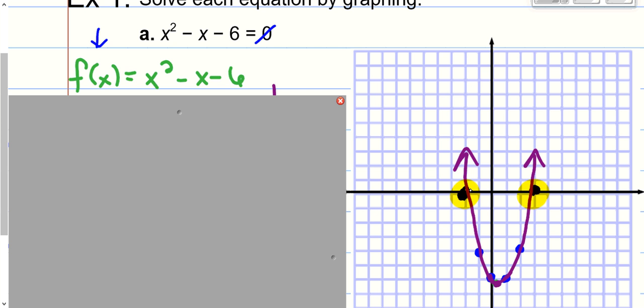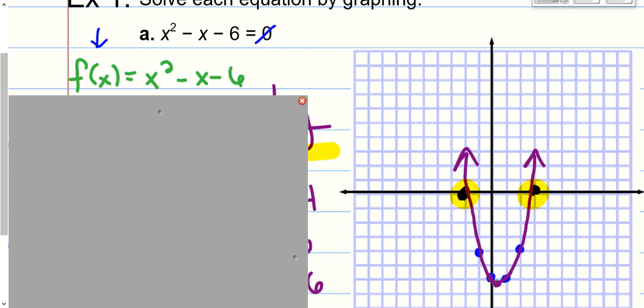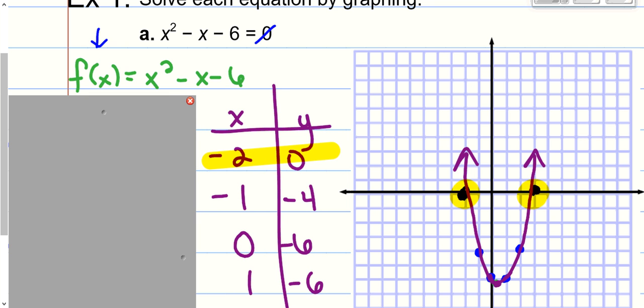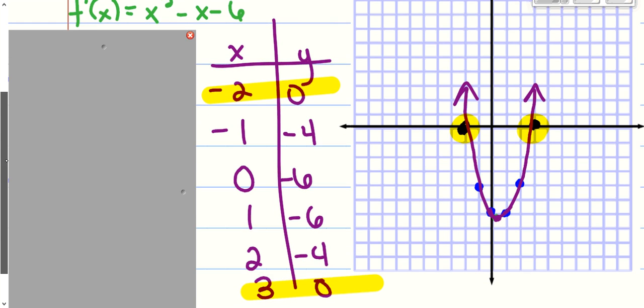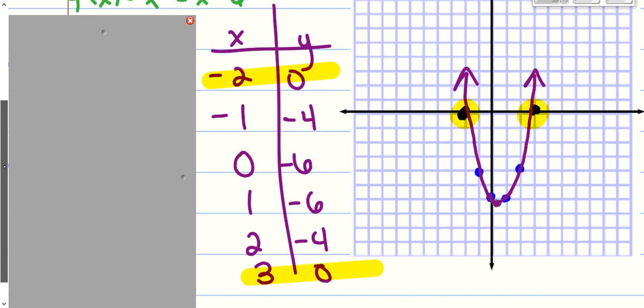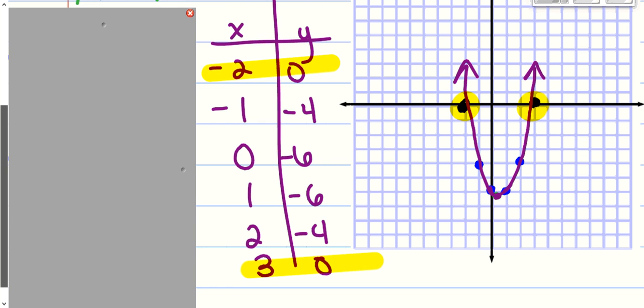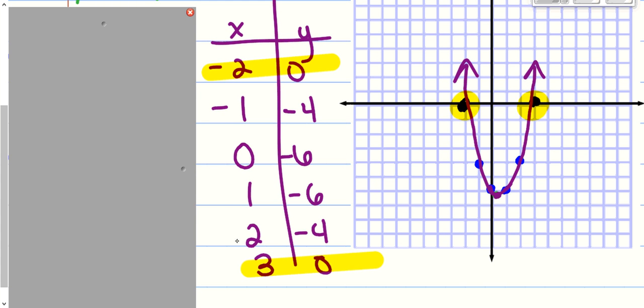And if you notice, I've already highlighted the 2 points where it crosses the x-axis. So if we look at our table, I have negative 2, 0 is where it crosses the x-axis, negative 1, negative 4, 0, negative 6, 1, negative 6, 2, negative 4, and 3, 0.